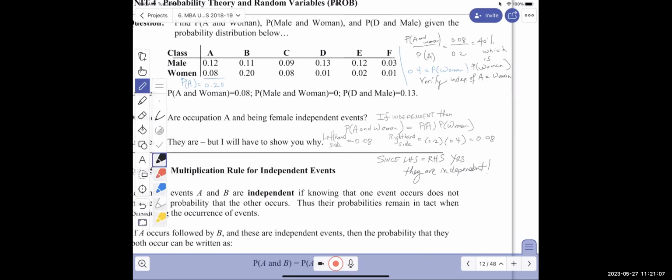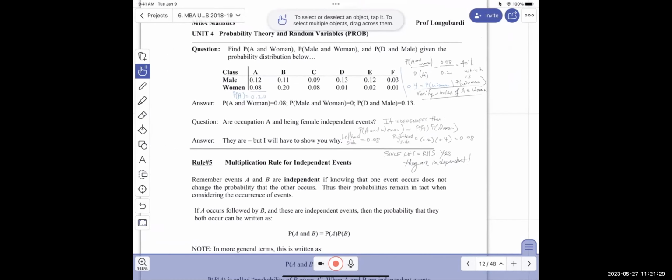Questions about it? Okay, so I go to the subset here. This is 20%. Inside of that, 0.08 out of 0.20 represents 40%. So it's independent.